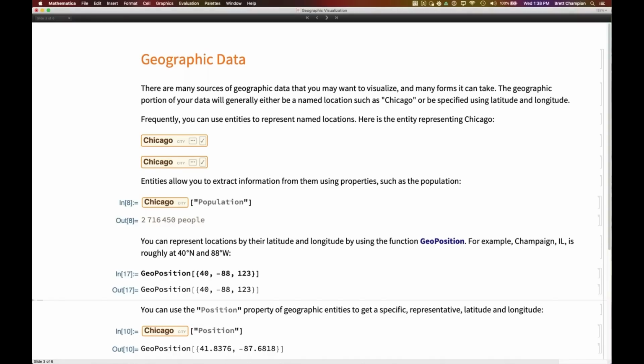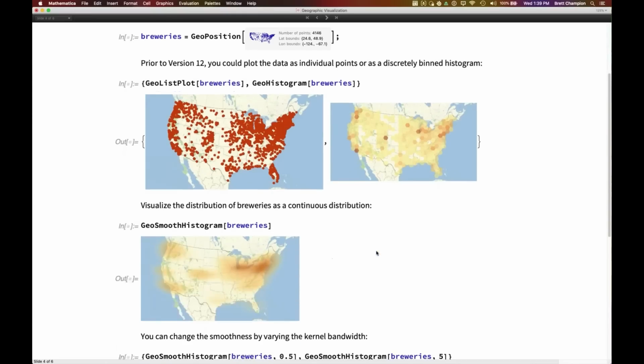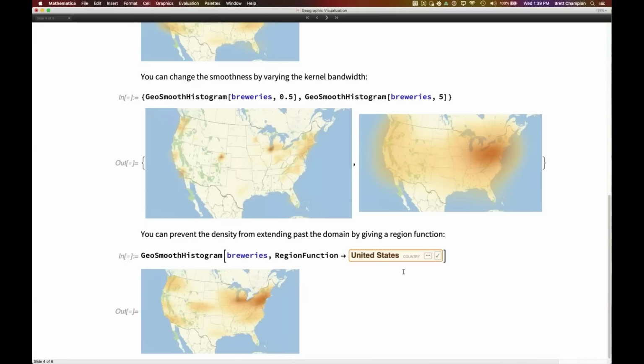And so the region function specification that we used, I'm not going to try it right now. It should work with arbitrary polygons. It might be a little bit slower, but it really shouldn't be.